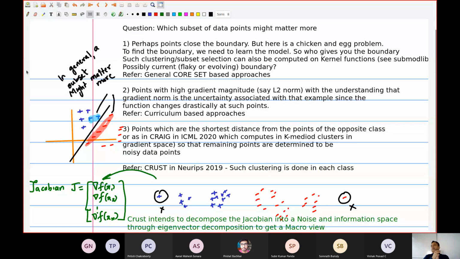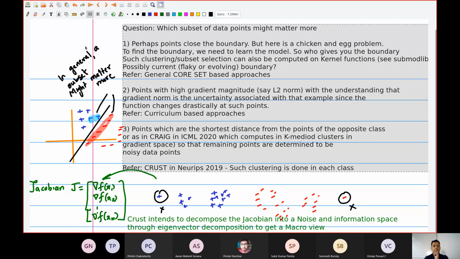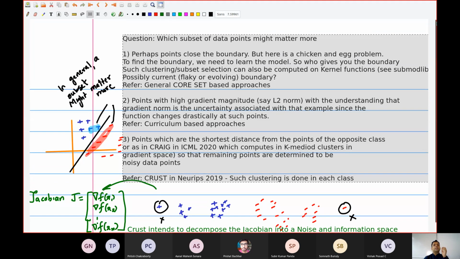But now we're going to start with something very simple. All this is very nice, but what's the simplest thing you could do? This is all quite sophisticated, right? It's saying, okay, I'm going to take gradients, look at the noise, look at the information, do clustering, a lot of work.